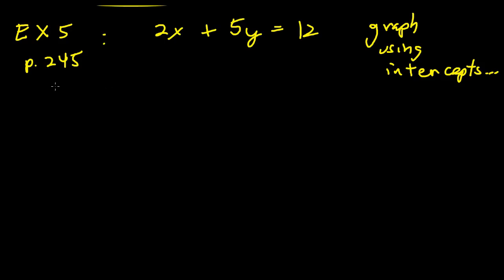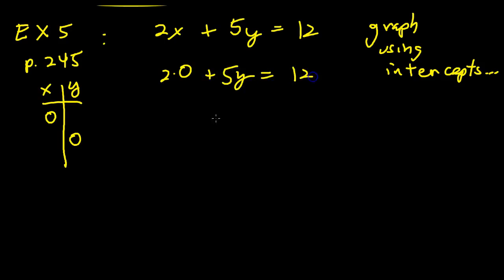All right, so I could make a table of values here and say if I want to find the y-intercept, I let x be 0. And if I want to find the x-intercept, I let y be 0. All right, let's work on the y-intercept first. If x is 0, I sub in x equals 0, and I'll get 5y equals 12, dividing both sides by 5.